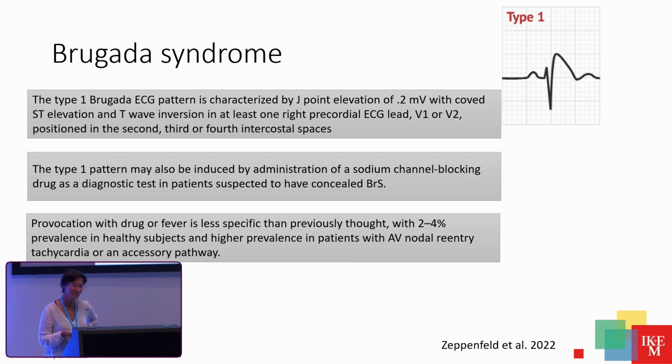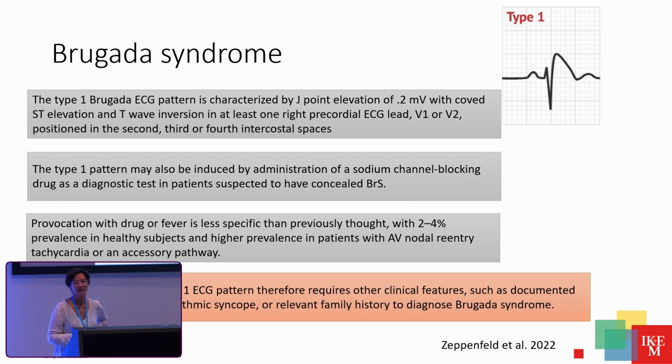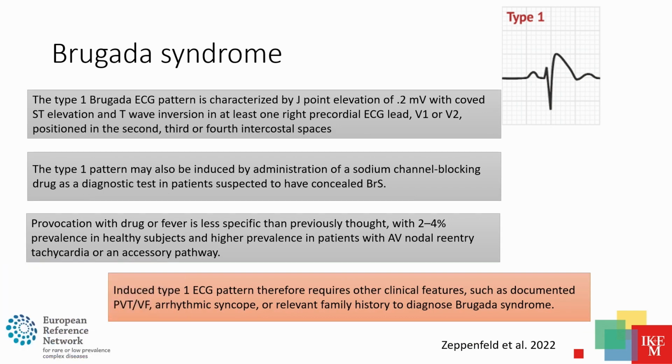It's seen in 2 to 4% of the population, so it's probably unspecific, and one has to think about Brugada in these patients only if they have other diagnostic or clinical features such as malignant arrhythmias, or in first-degree relatives, which I deal with a lot in my cardiogenetic clinic.